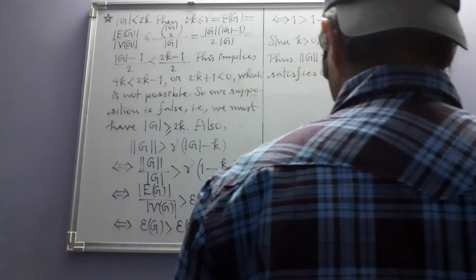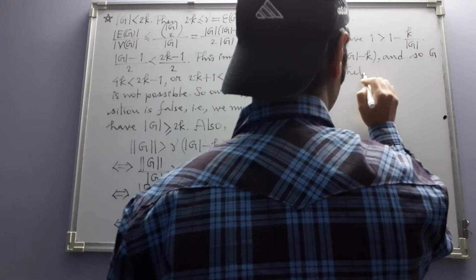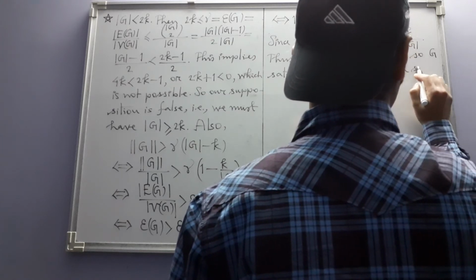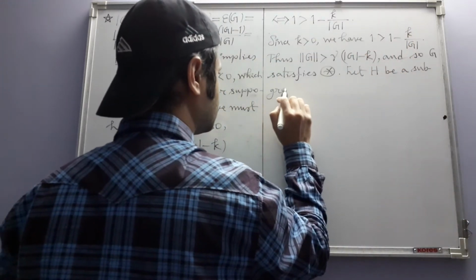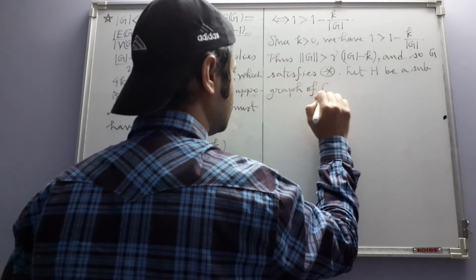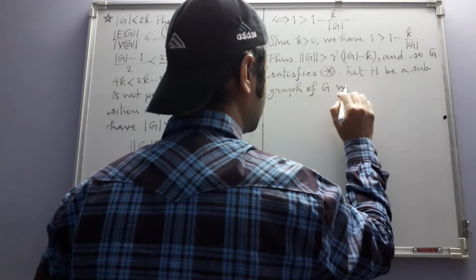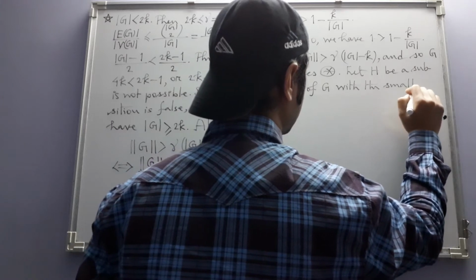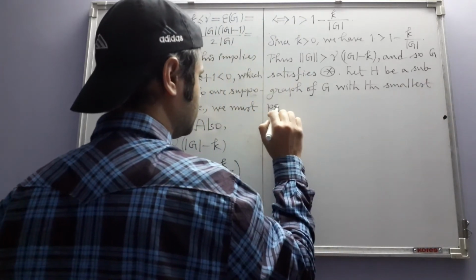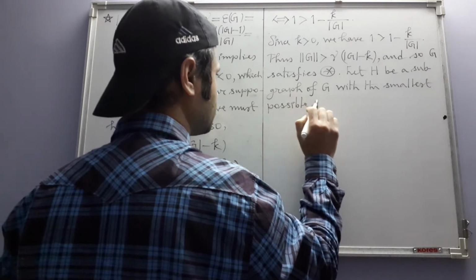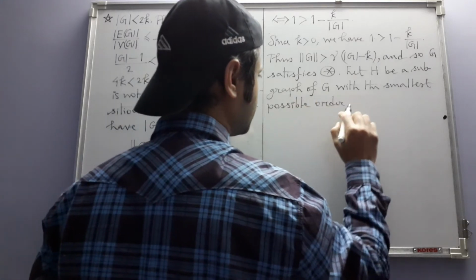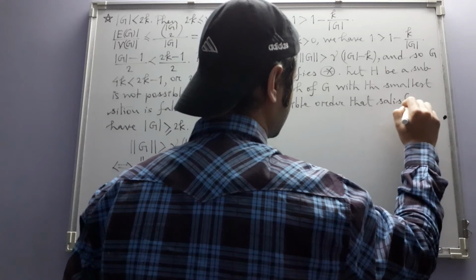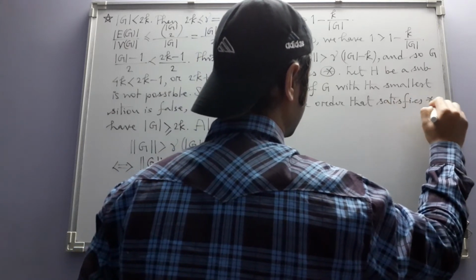Let that subgraph be H. Let H be a subgraph of G with the smallest possible order that satisfies star.